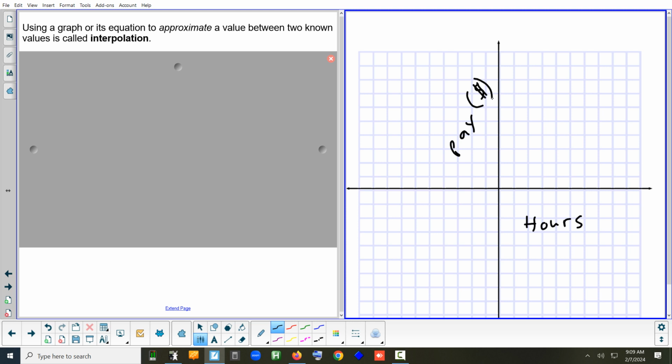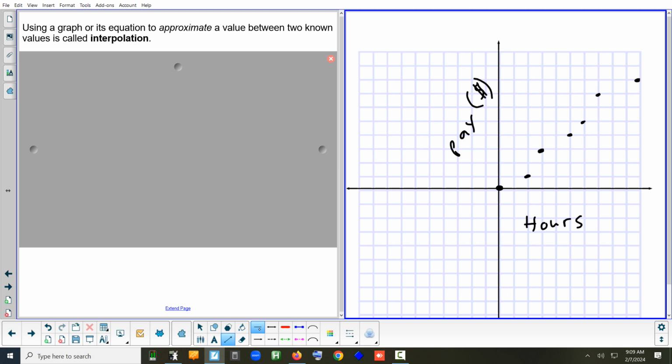Let's say you had something that looked kind of like this. What would you say happens here? The more hours that you work, the more you get paid. It's not a perfect line, but it's pretty close.